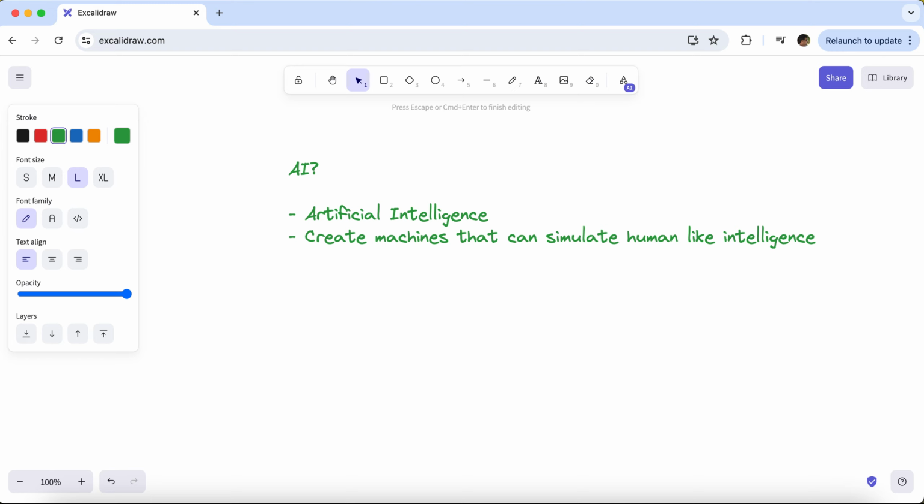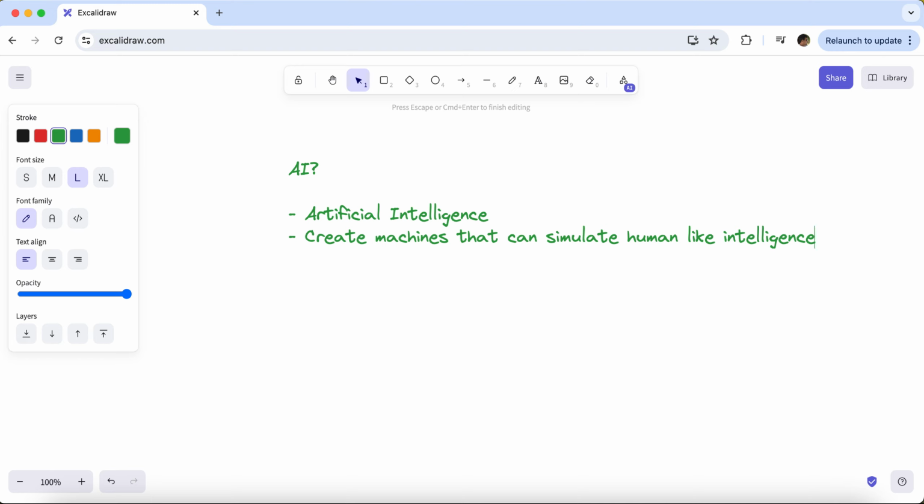And this is where, when we say human-like intelligence, it's a very abstract, very vast thing, right? So by definition, if we want to create machines that can simulate human-like intelligence, it's very vast and we cannot really define where it can go up to.